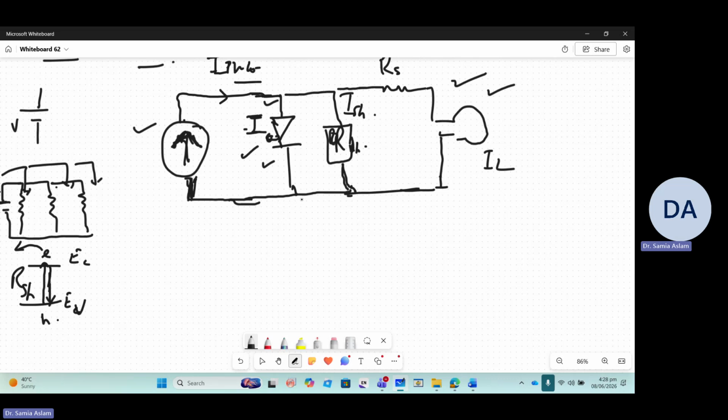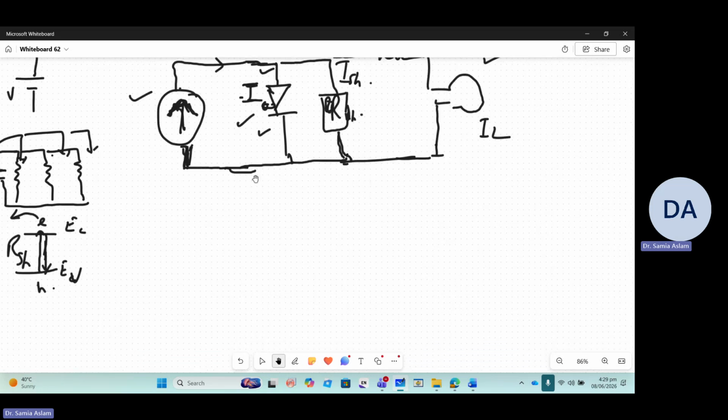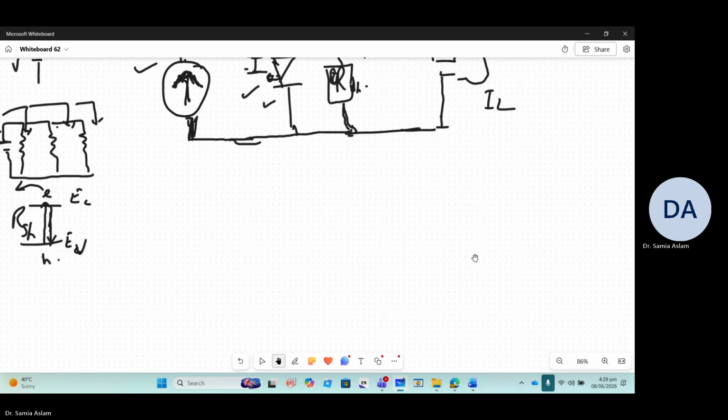Rather, it is being utilized by two other paths as well. One is the shunt resistance path, the other is the diode path, and then it is the RS resistance, which is also sharing. It means that this load has some resistance, however this RS is also adding up to the resistance. So if RS is high, obviously it will drop current more. And this whole equivalent circuit is going to represent basically the working of a solar cell. So this is the basic working of the solar cell.